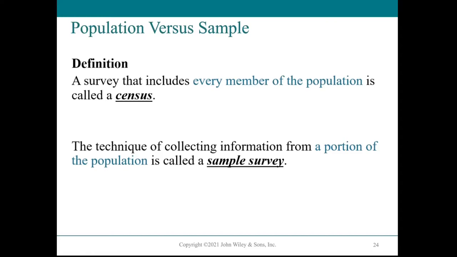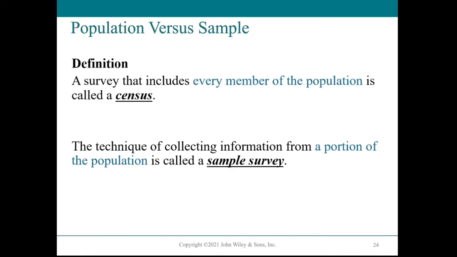So let's give you an example on that. For example, during an election, especially right now because it's almost election time, we have been doing surveys on which candidate would be most likely to win the election. Those are surveys because not everyone is asked.